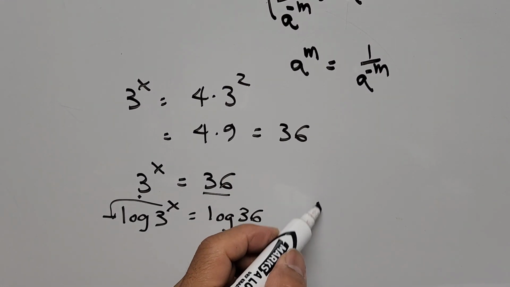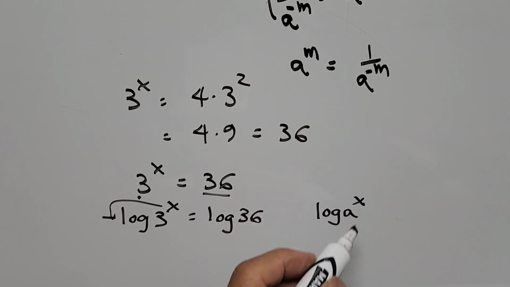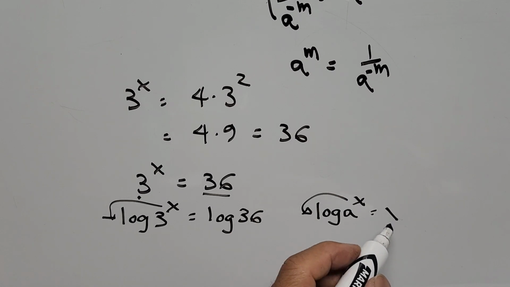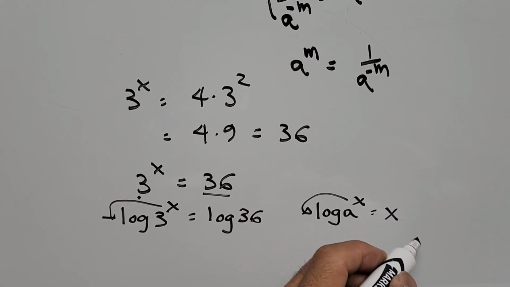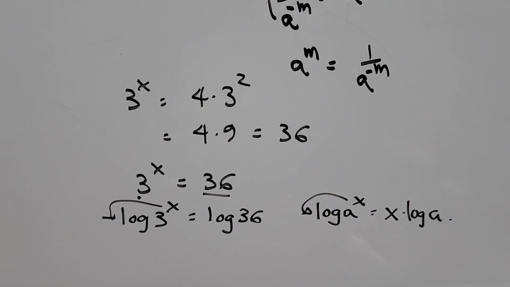Let's say if we have log of a exponent x, we can take down the exponent to the front as a coefficient. This is now x times log of a. So here, we have x times logarithm of 3 equals logarithm of 36.